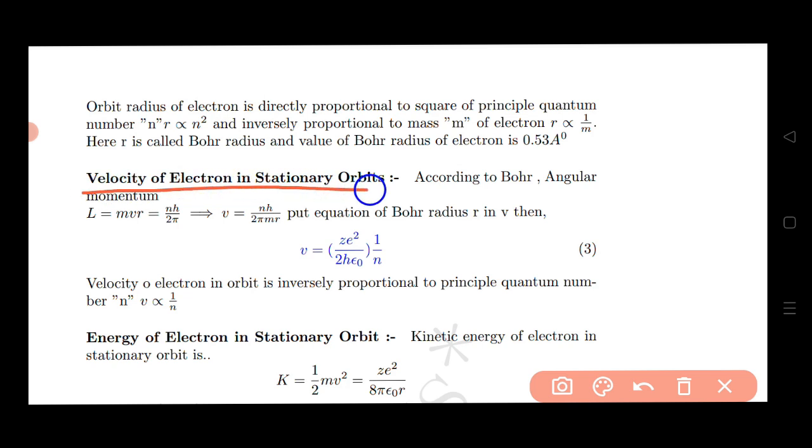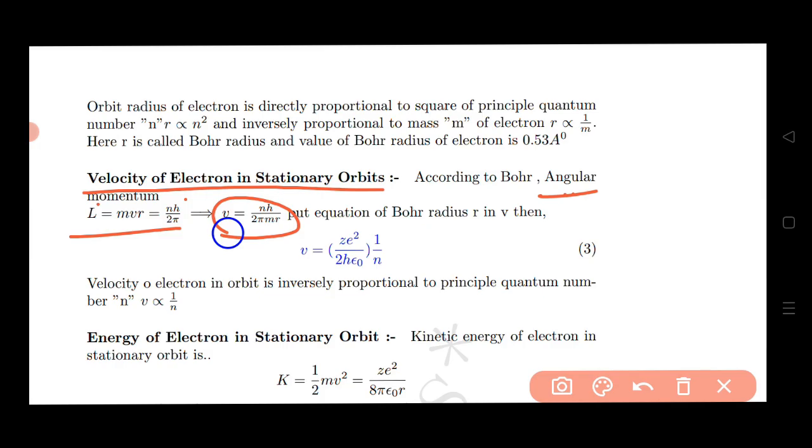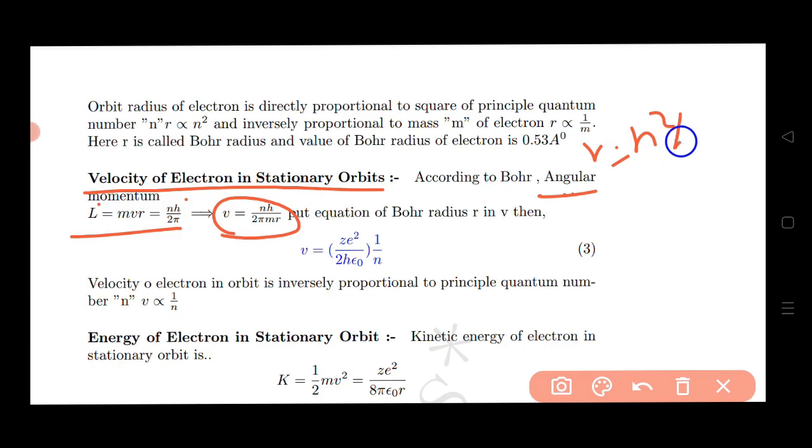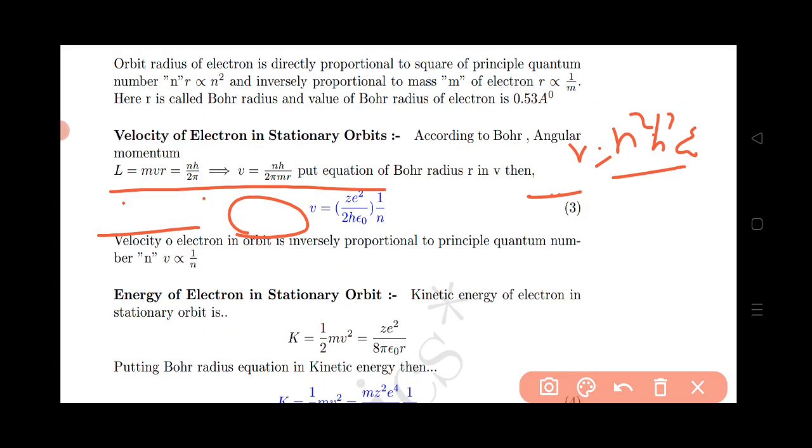Velocity of electron in stationary orbit. Angular momentum L equal to mvr is equal to nh upon 2 pi. v equal to nh upon 2 pi mr. Put the r value in this equation. r equal to n square h square epsilon naught upon pi m Z e square.